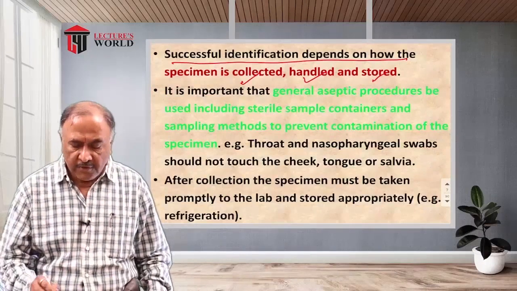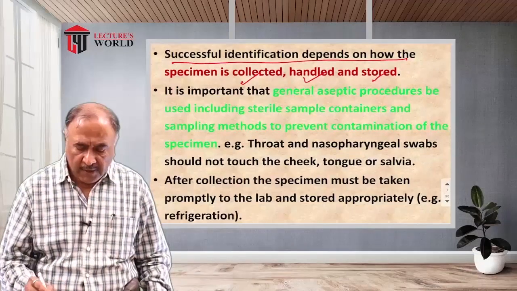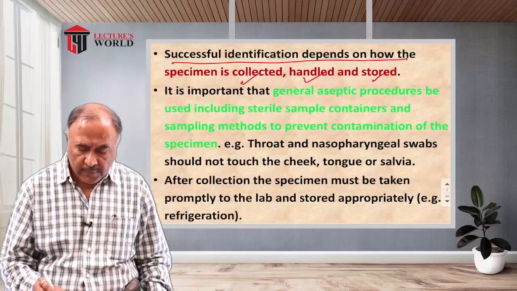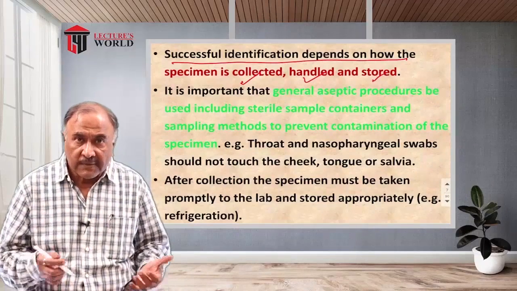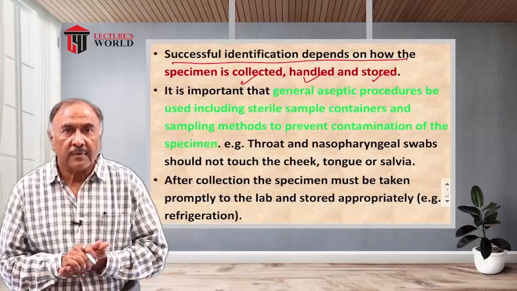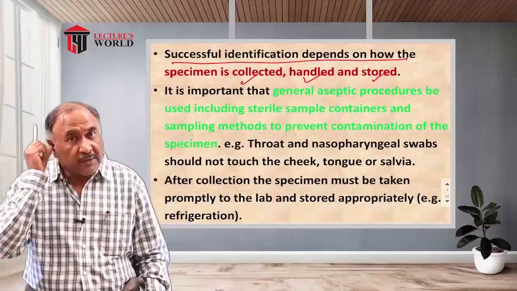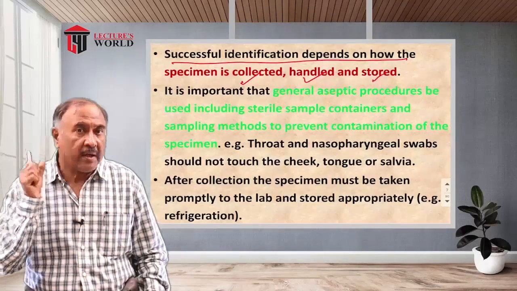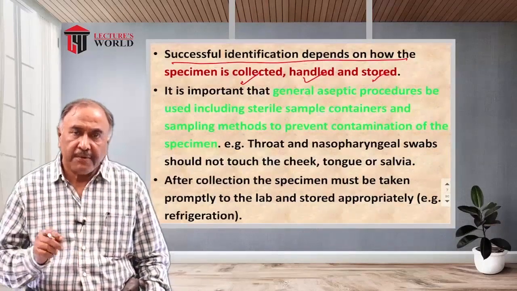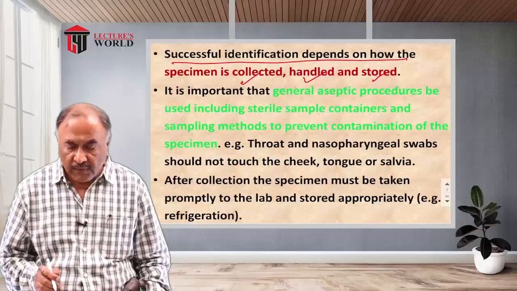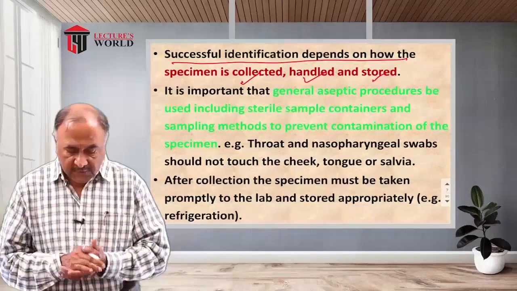Now, once it reaches the laboratory, we have the methods involved in its cultivation. That is, how do we start characterizing? And the first step before cultivation is the microscopic observation.